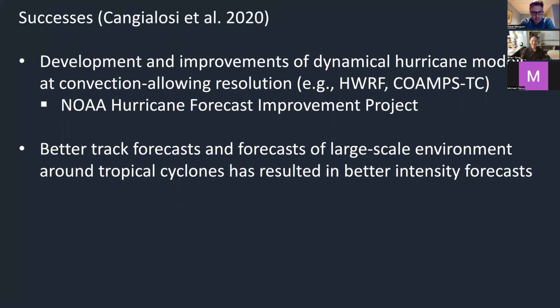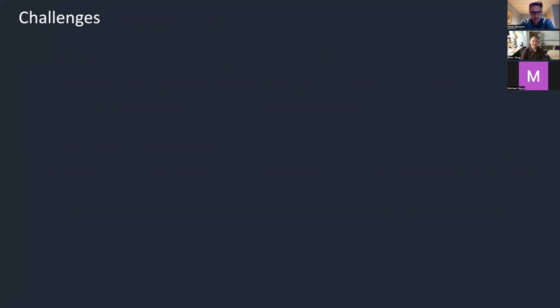So it stands to reason, because the track forecast improved and the forecast of the large-scale environment around tropical cyclones improved, that will result in better intensity forecasts because you're resolving the factors that affect intensity. Track, for instance, if a hurricane makes landfall, has a huge effect on intensity. So all those improvements in track forecasts have had the consequence of also improving our intensity forecasts.